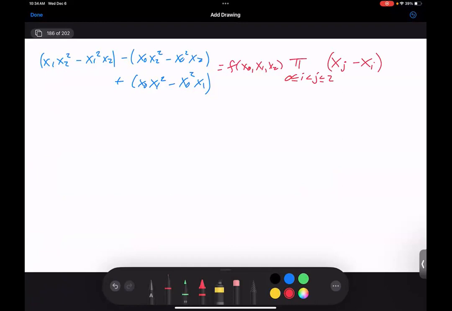This is a fancy way of writing what we had. I'm taking the product of all pairs of the x's, and I'm writing it so that the large index comes first. So the small index can go from 0 to 1 less than the large index, and the large index can go all the way up to 2.